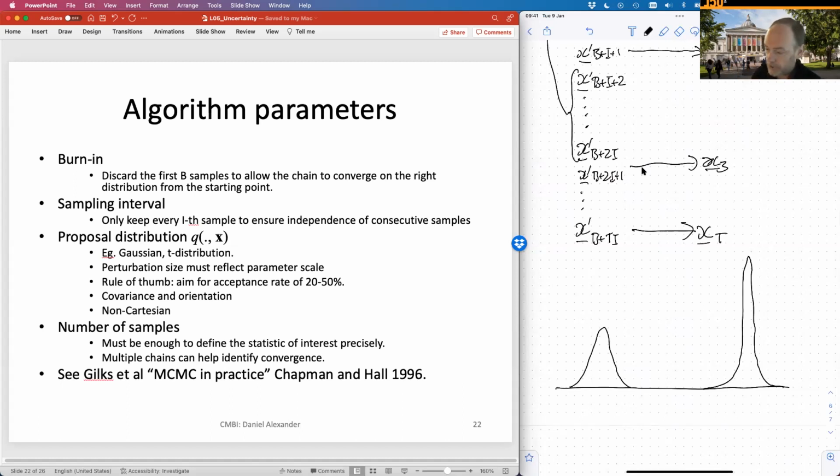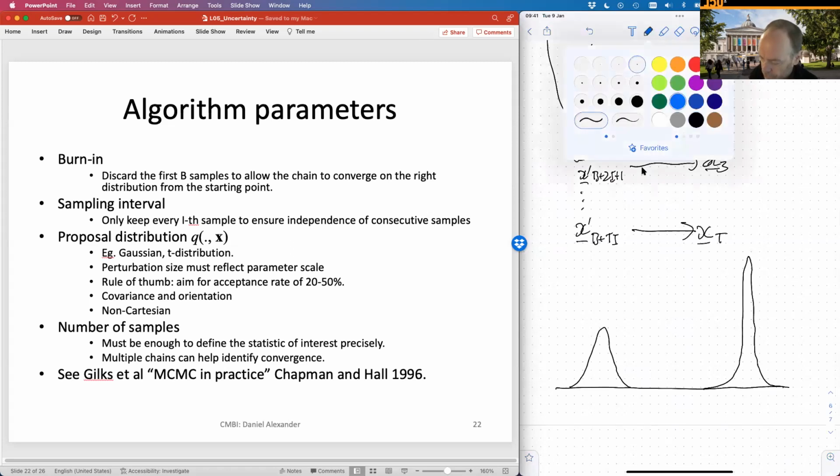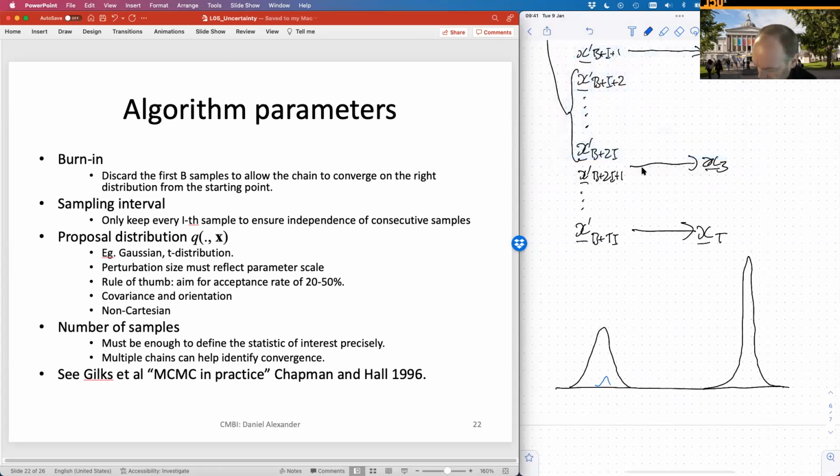It's very difficult using Gaussian perturbations to traverse this wilderness of zero probability in between our two modes, because the posterior likelihood tails off to zero very quickly, but also the likelihood of making jumps that are anything near the length of this gulf between the two modes using Gaussian perturbations is very, very low.